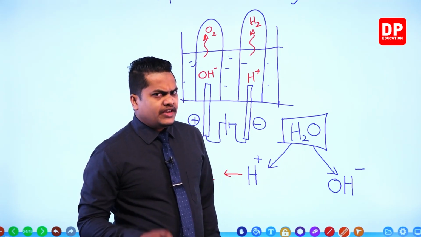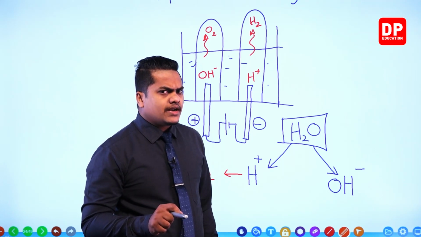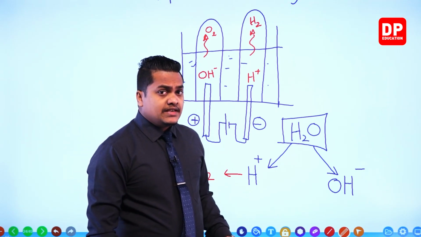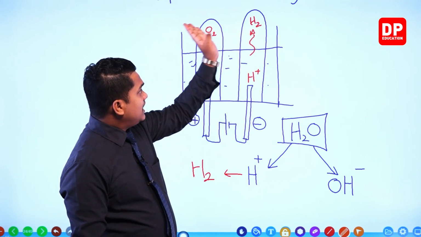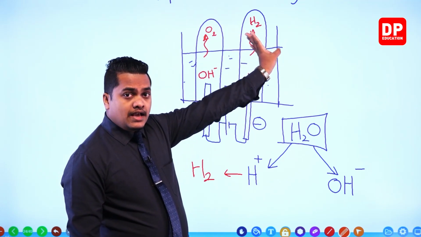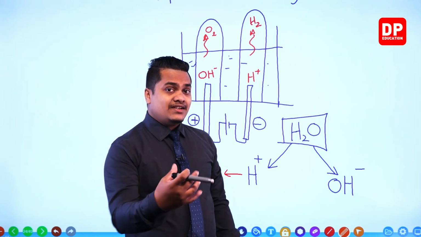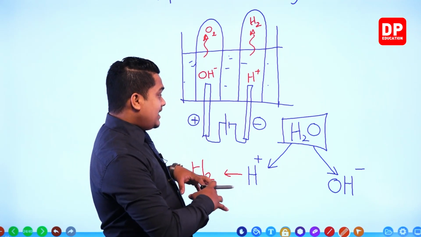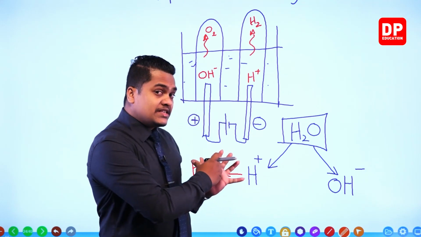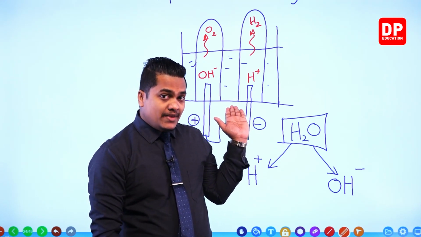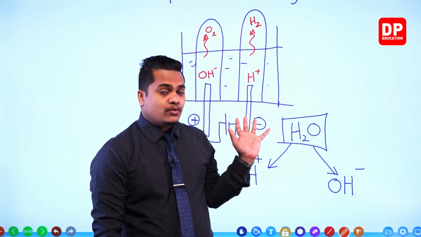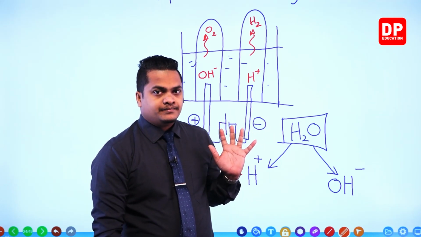So my dear children, we can come to another conclusion: the electrical energy which is provided to the system is getting converted into chemical energy. As gases are getting formed, different chemical substances are created within the system.